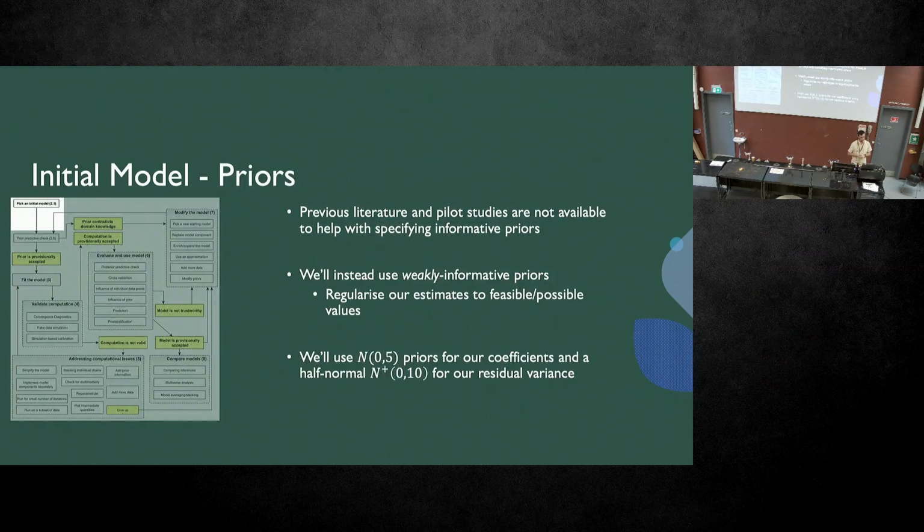Brilliant. Okay, so prior information. Don't be discouraged that we're still at the first step. I'm sure the rest goes very quickly. Ideally with prior information, we would want to be looking at previous literature. Maybe if we are a drug company, we've done pilot studies with fewer observations or smaller samples, and we would use those to help us derive the priors that we want to use.